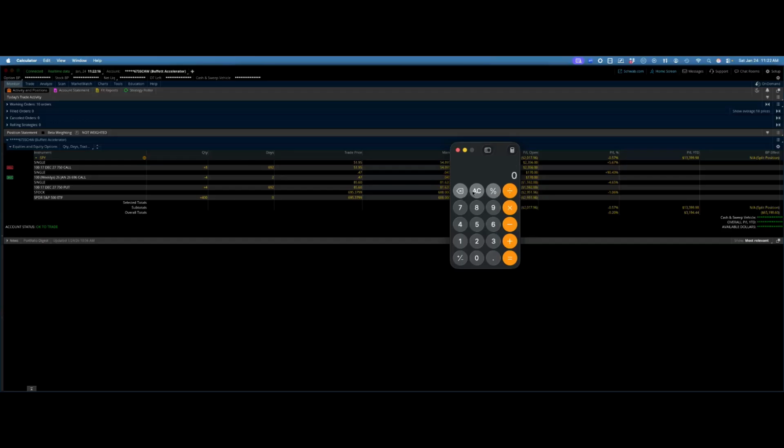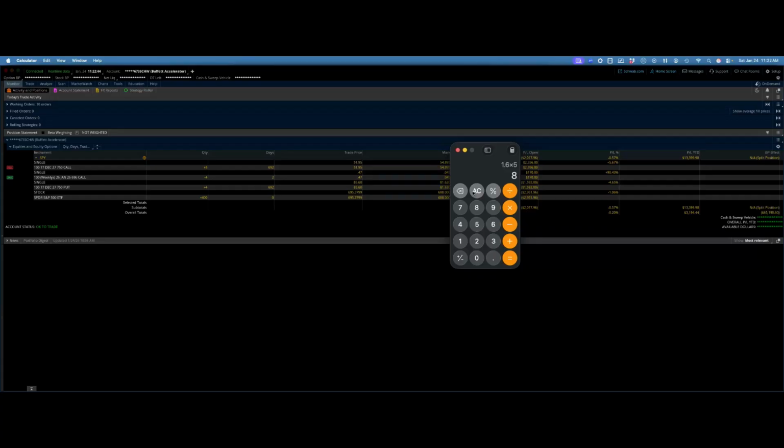Remember, each week we were making 40 cents towards our purchase price, right? So each week was 40 cents. Let's multiply that times 4 weeks. That's $1.60. And let's say we've done this for 5 months, so I'm going to multiply that times 5. Now we've generated the equivalent of $8 in covered call premiums towards the purchase price.